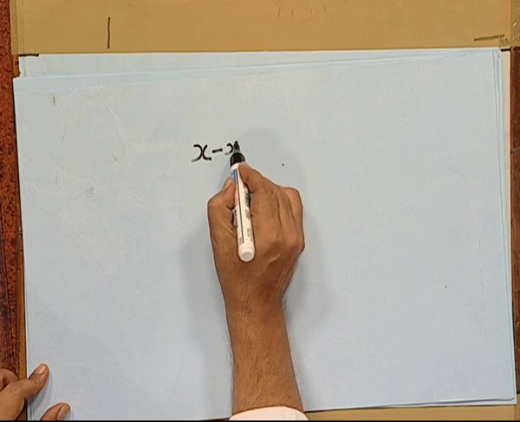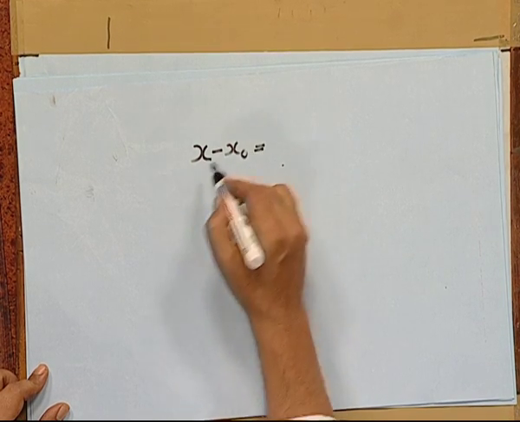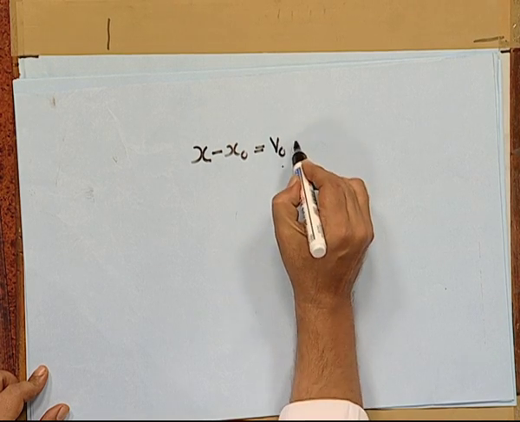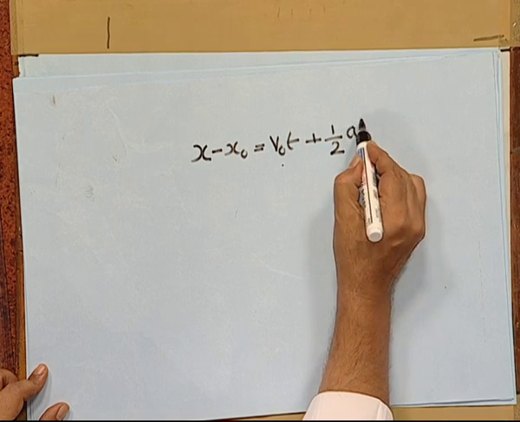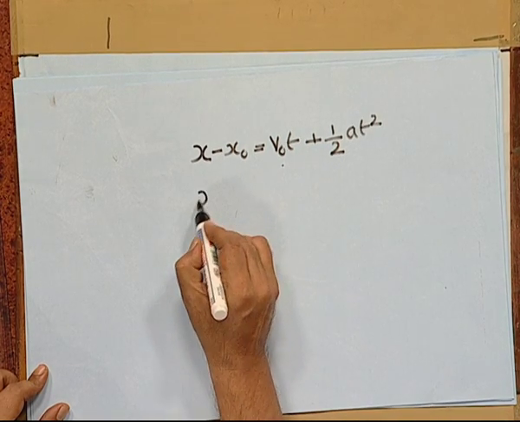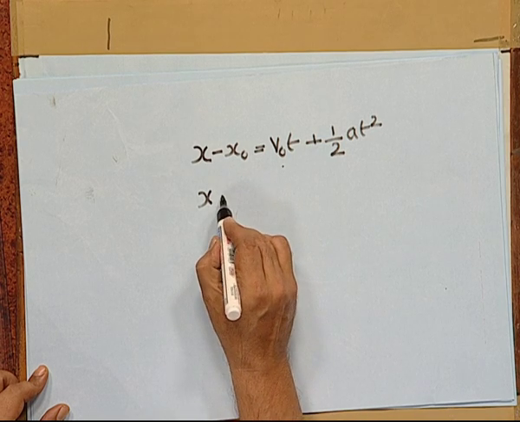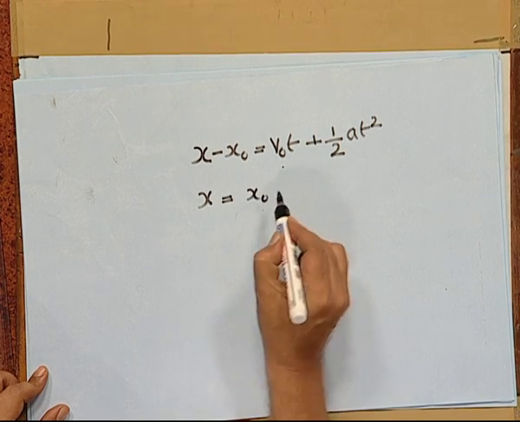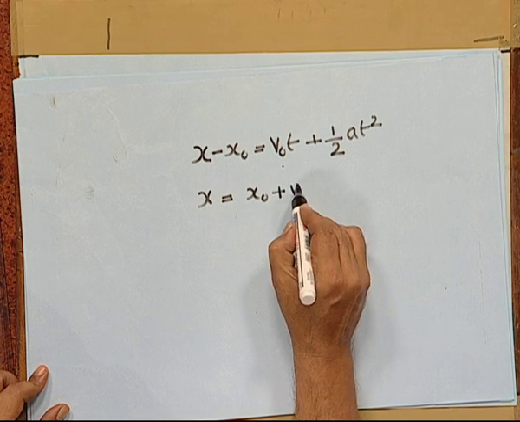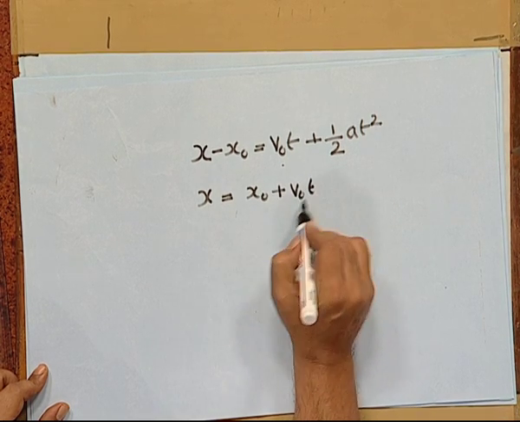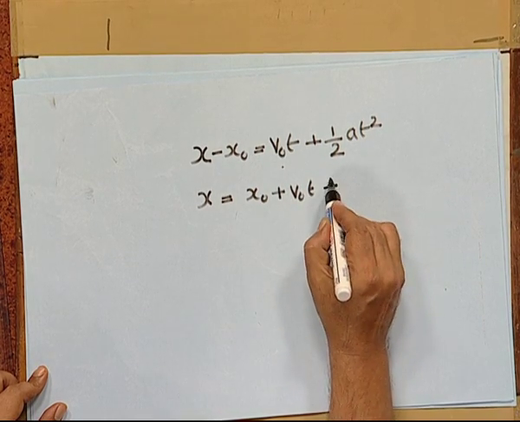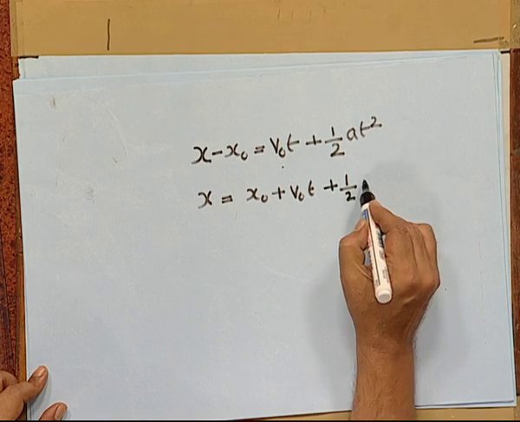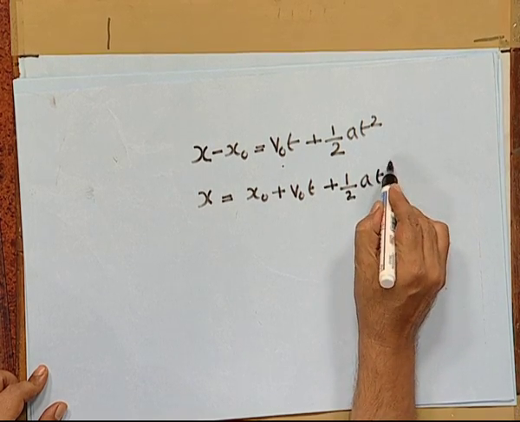In other words, x minus x 0 equals v 0 t plus half a t squared, or the position at any time t is the initial position plus the change in position because of constant velocity, considering that the object is moving with constant velocity with the initial velocity, plus the contribution because of the accelerated motion, which is half a t squared.